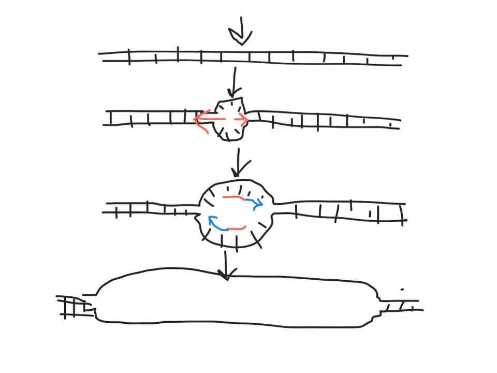So if there was only one replication bubble on the chromosome, right before synthesis is complete, this is what, in a simplified format, that chromosome would look like. Those initial primers would have primed or enabled the synthesis of the leading strands.